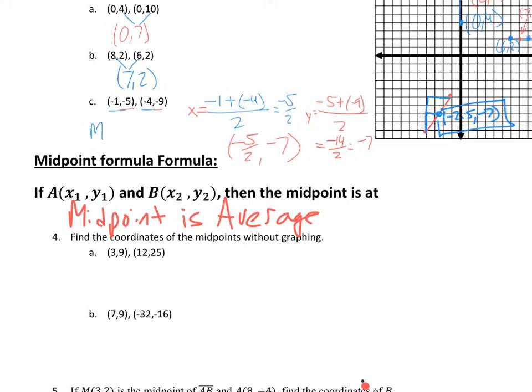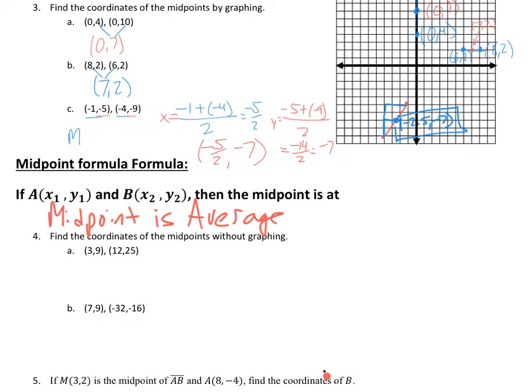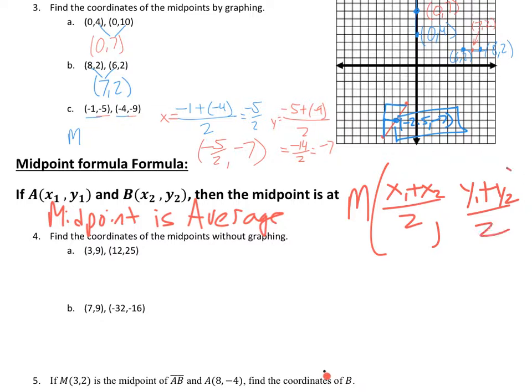And so if we have two generic points, (x1, y1) and (x2, y2), if we want to find the midpoint, well, we're going to do kind of a two-part formula here. So we're going to find the x's by averaging those. So we're going to add the x terms and divide by 2, and that will be the x-coordinate of our midpoint. The y-coordinate will be y1 plus y2 divided by 2. Okay? So the average of the x's and the average of the y's.